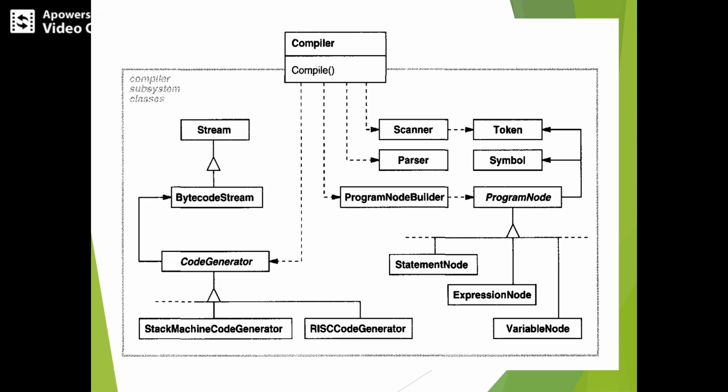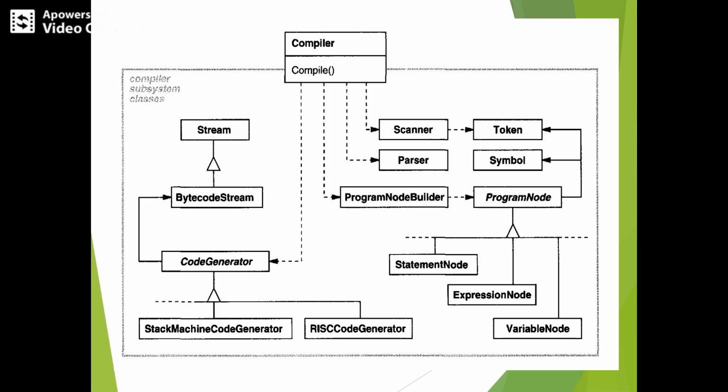When you take the scanner, it generates tokens, then the parser. The program node has the program node builder. There are no incomplete details here. The program node will have the statement node, expression node, and variable node, and wherever information needs to be communicated from one subclass to another along with a particular object, everything goes through the facade.